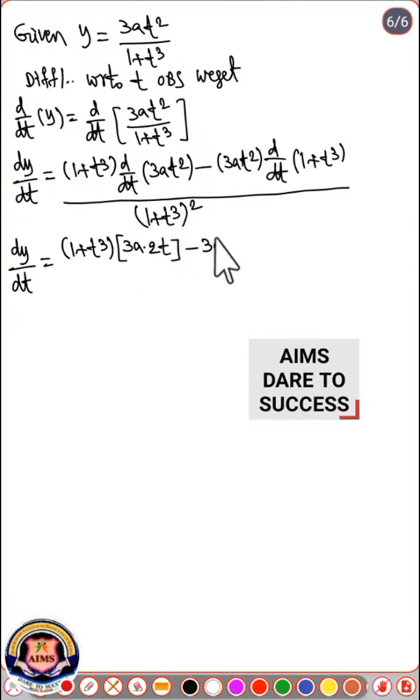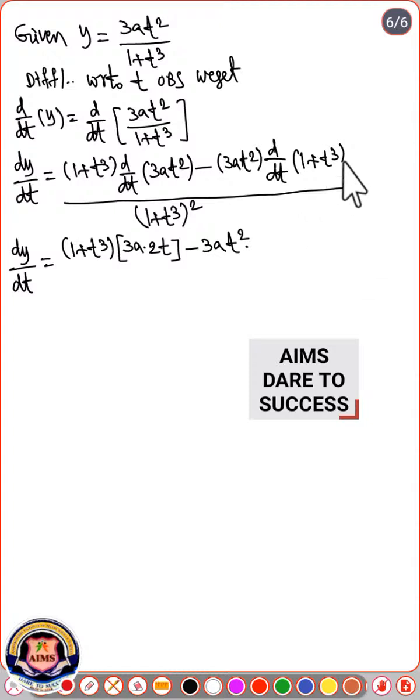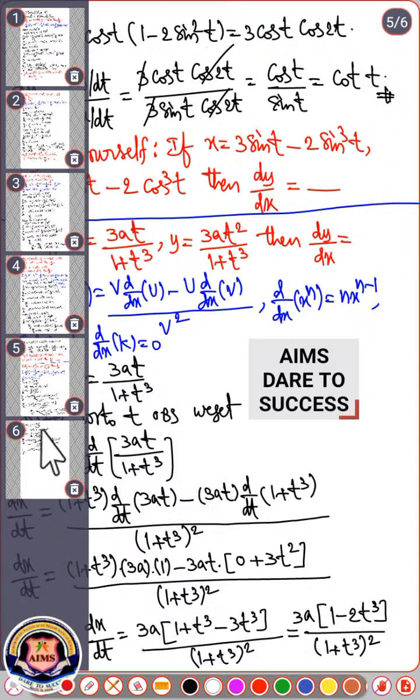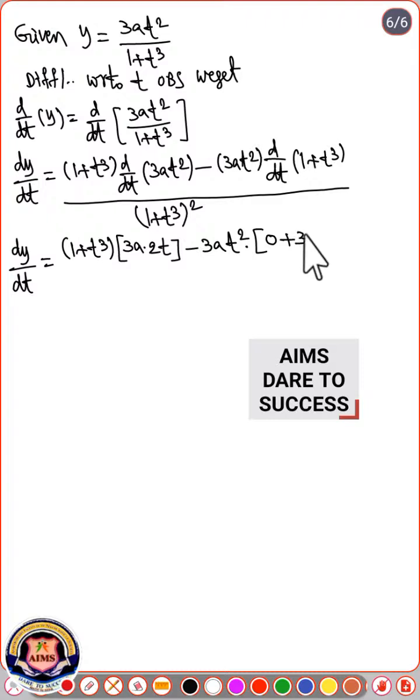Continue, next value is 3at square into derivative of 1 constant, derivative 0, plus derivative of t cube. This is also like the derivative of x power n formula, n into x power n minus 1, that is 3 into t power 3 minus 1 is 2, whole divided by 1 plus t cube whole square.